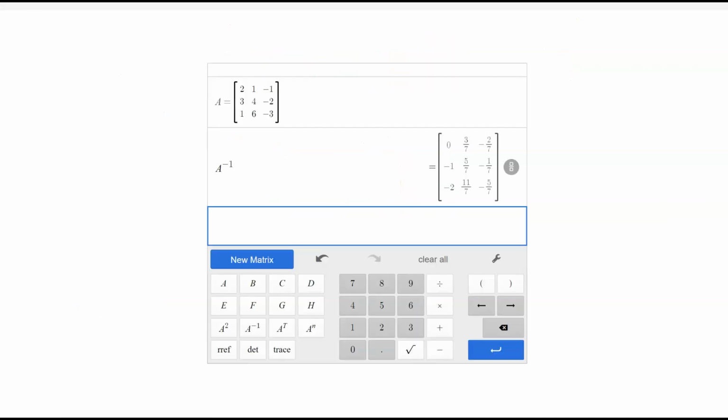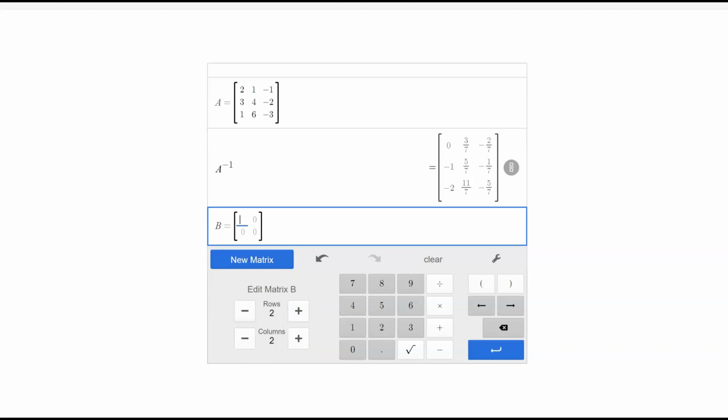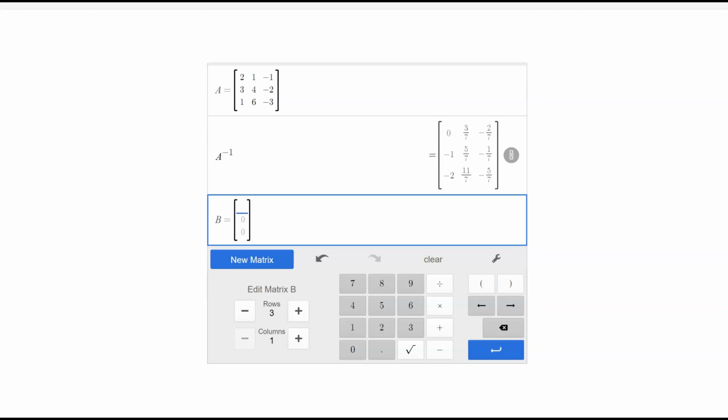So when we come back over here to the Desmos calculator, we're going to define our variable b. And we know how to do this multiplication by hand now, but we can go ahead and put that in here. So we're going to have -16, -23, and -17.